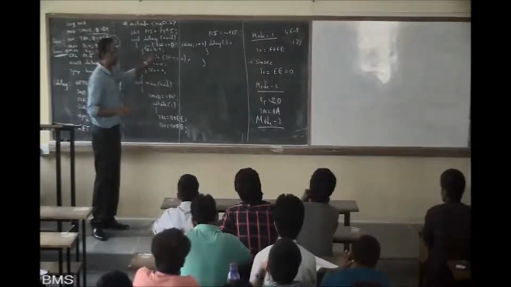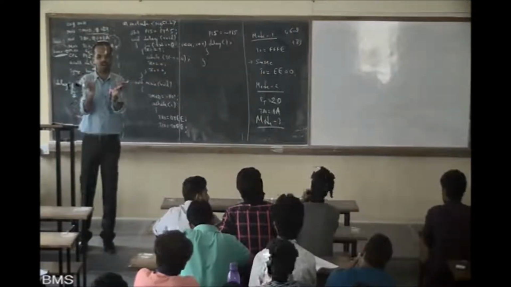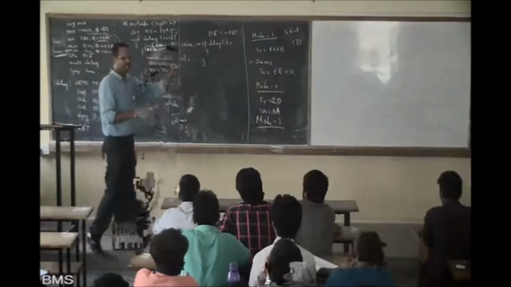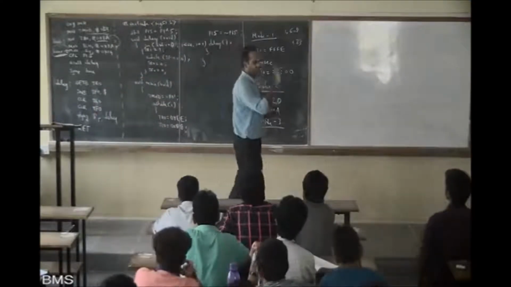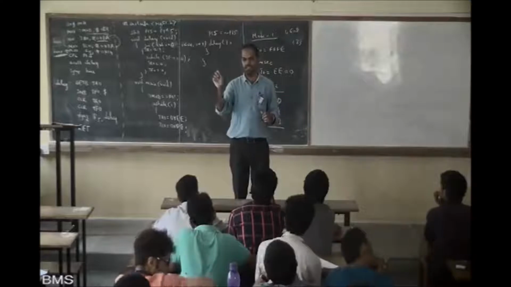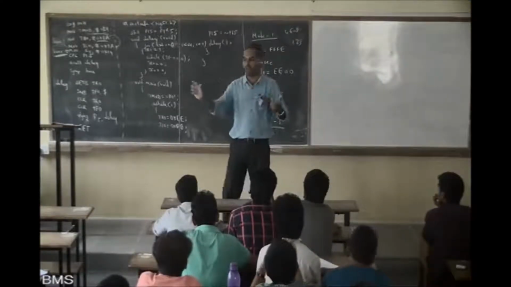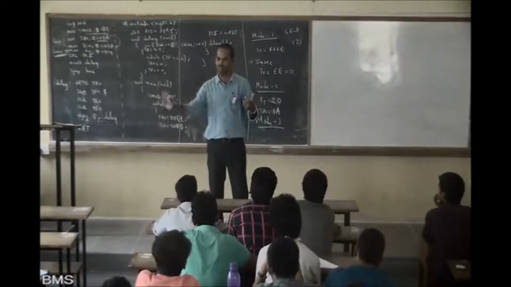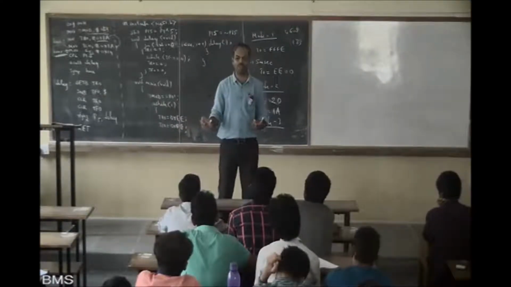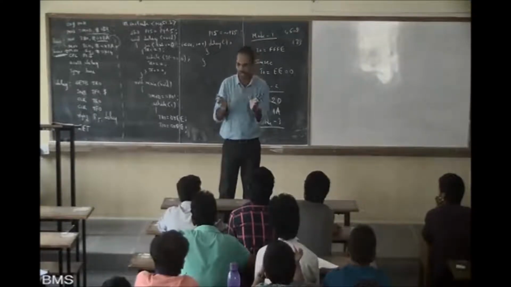If you say TR0 equal to 1, TL0 will start. Independently, these two are split timers. Timer 0 has TH0 and TL0. Now they will become independent, and TL0 will become T0, TH0 will become T1. Is that clear? This is split timer mode.